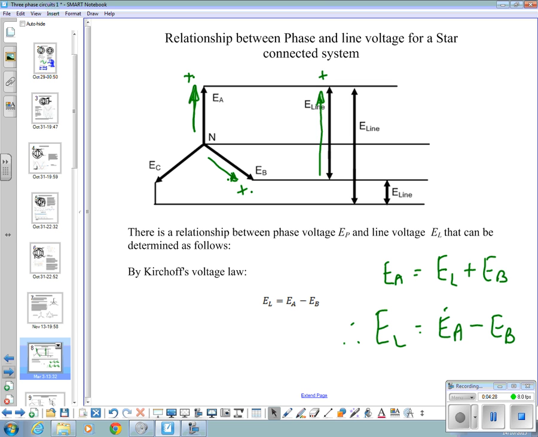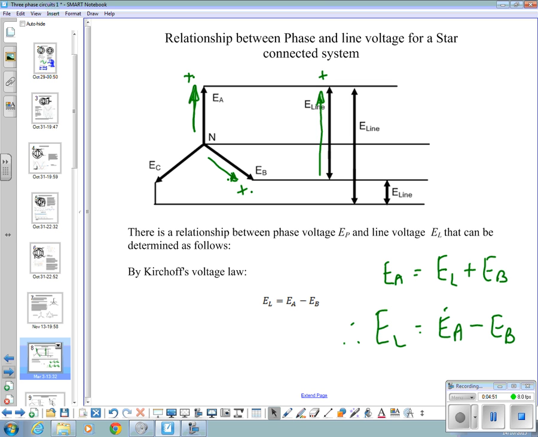Yeah? So this line voltage is a sum of the two phase voltages that make it up. And because they're out of phase with each other, we've got to watch the signs of our numbers there.